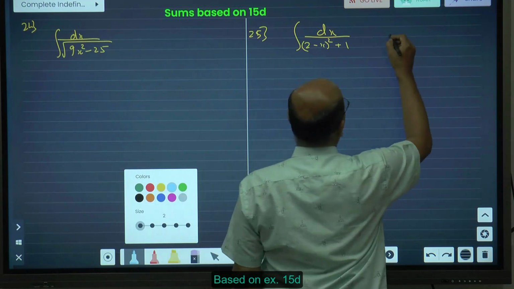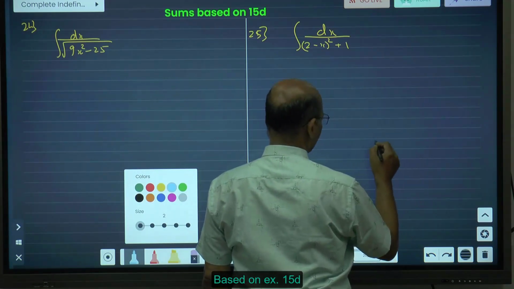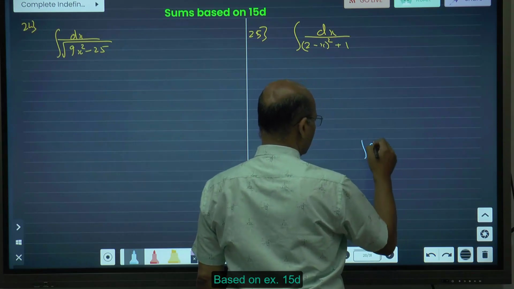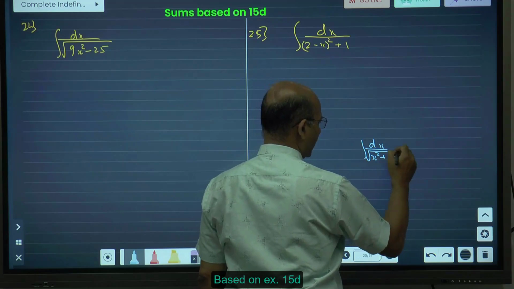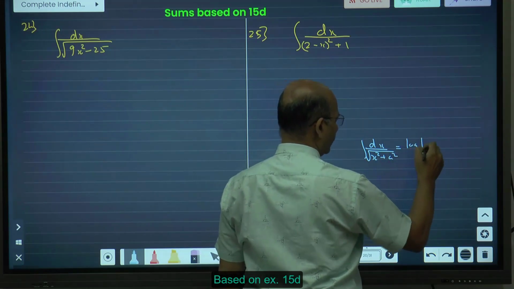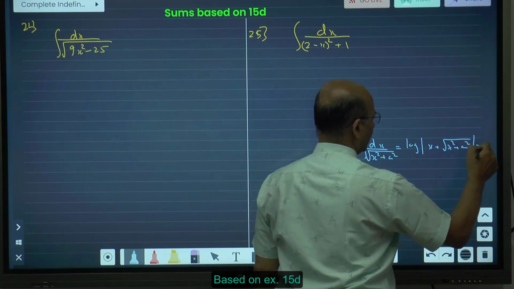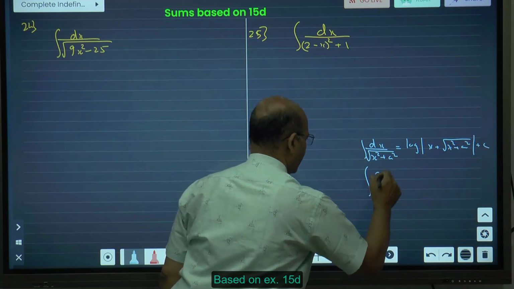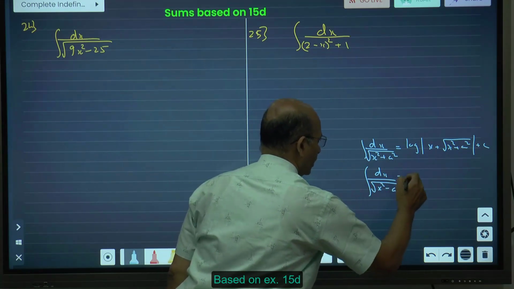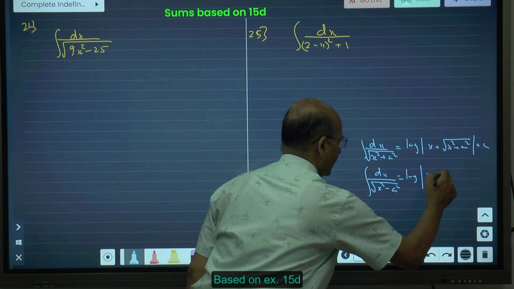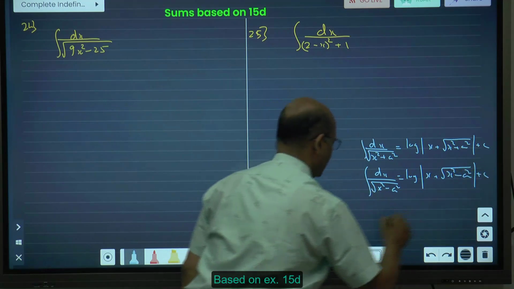Just see this. I will write here, it's better. Integral dx upon root of x square plus a square is log of x plus root of x square plus a square plus c. Similarly, dx upon root of x square minus a square is log of x plus root of x square minus a square plus c.